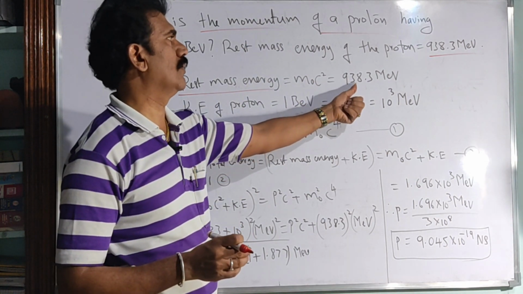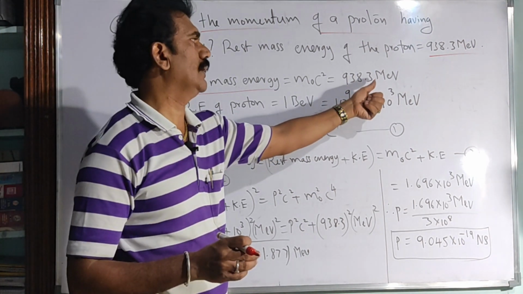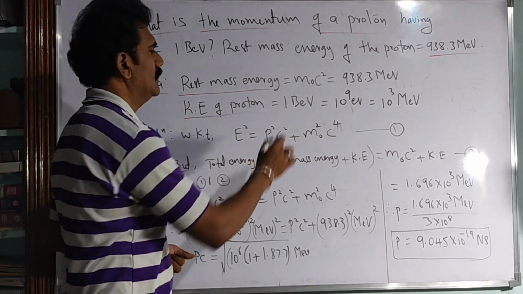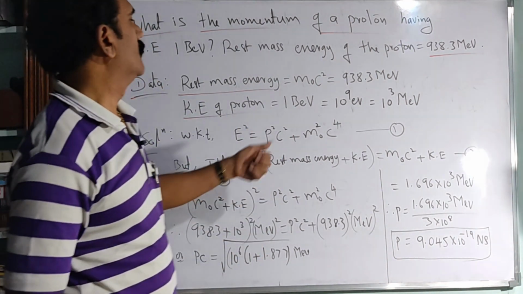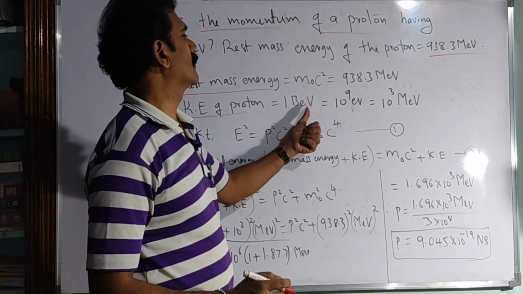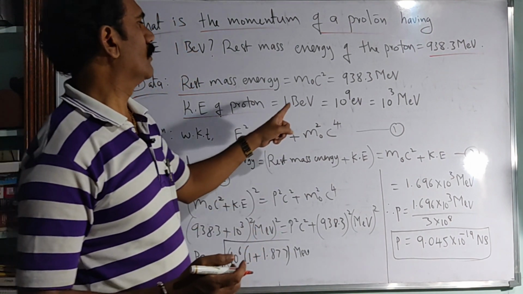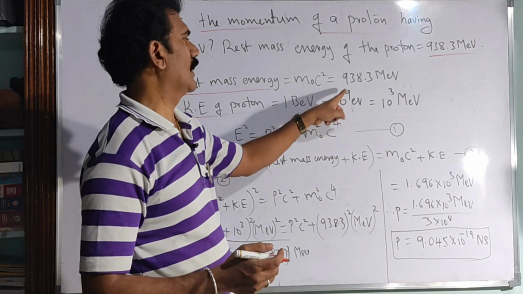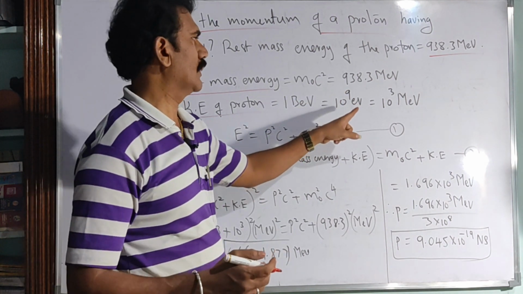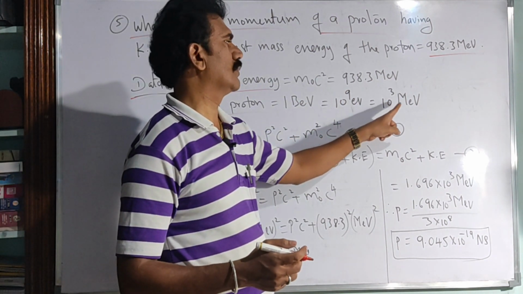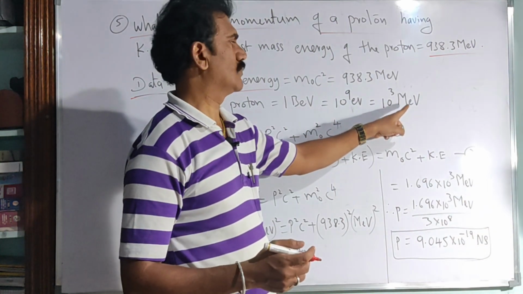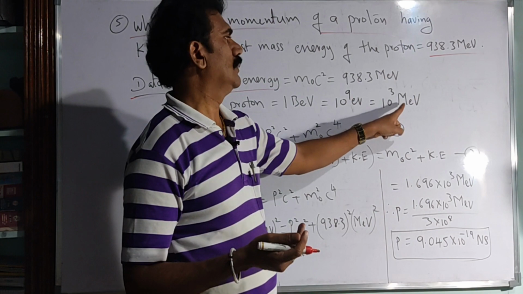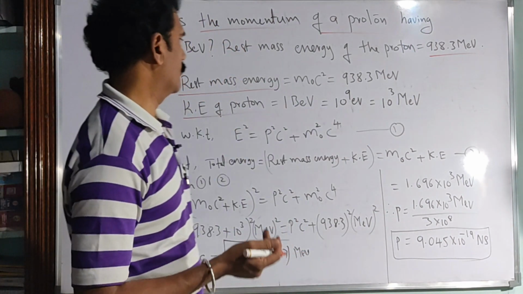It is already given as 938.3 mega electron volts, and when it is moving, the kinetic energy of the proton is found to be 1 billion electron volts. That can be converted to mega electron volts: 10 to the power of 9 is the billion value, so I can write it as 10 to the power of 3 into 10 to the power of 6, where 10 to the power of 6 is mega. So it is 10 to the power of 3 mega electron volts, okay.